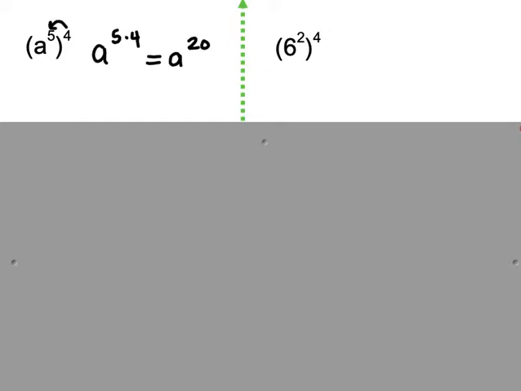Same way we can deal with other numbers. 4 times 2 is 8, so it's 6 to the 8th, which if you wanted to multiply that out, 6 to the 8th is a very large number. It is 1,679,616, which you can refer to your exponent table.